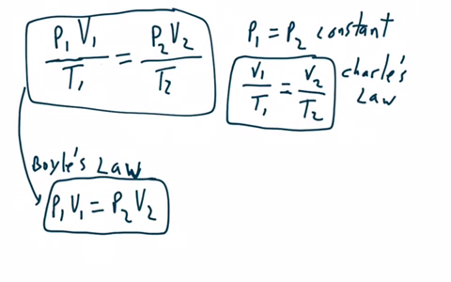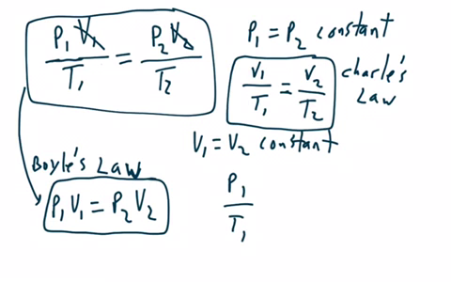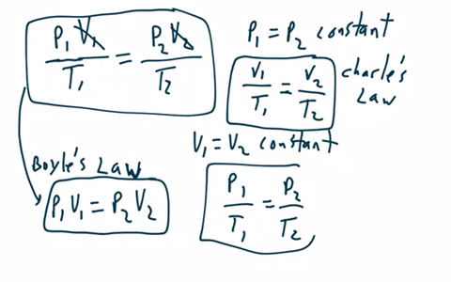And now let's talk about Gay-Lussac's law. In Gay-Lussac's law, the constant is volume, which means V1 and V2 being constant, they're the same. So if you were to eliminate V1 and V2 because they're the same, the equation that's left is P1 over T1 equals P2 over T2, and that right there is Gay-Lussac's law.